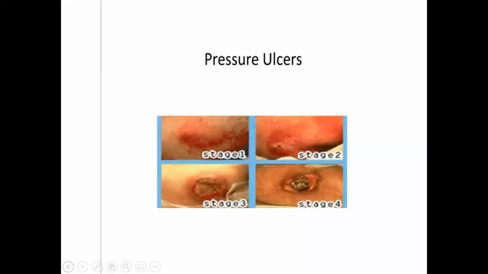For example, if you have a resident who is incontinent of urine and they are also wearing an adult brief, it's very important that you change that brief frequently. If not, the moisture from the urine and the feces will cause skin breakdown.